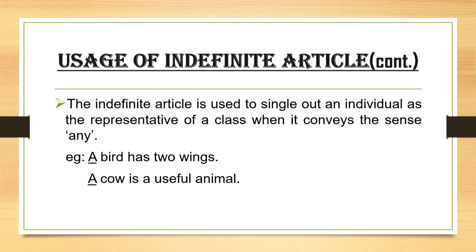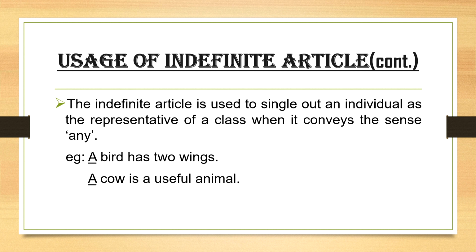Now, indefinite article is used to single out an individual as the representative of a class when it conveys the sense of any. That is, it is used in the sense of a class, talking about everyone, talking about a whole species. Let us take an example.